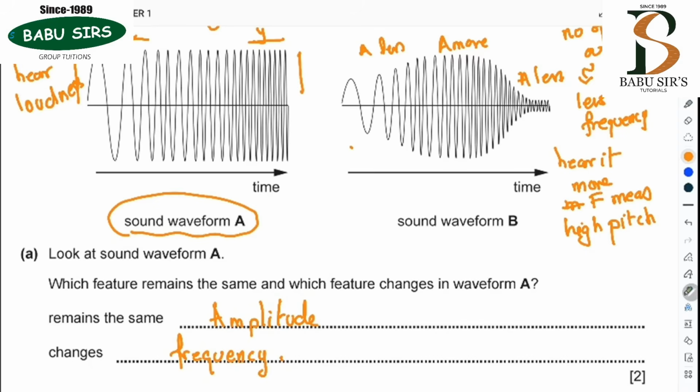And if you see the frequency, here it is less, here it is more, here it is even more, and even more. So the frequency is increasing. So the amplitude is first less, then more, then less, but the frequency is continuously increasing.